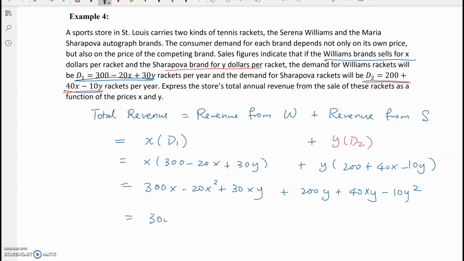We got 300x minus 20x squared plus 70xy plus 200y minus 10y squared. Okay, so that is the function for the total revenue.